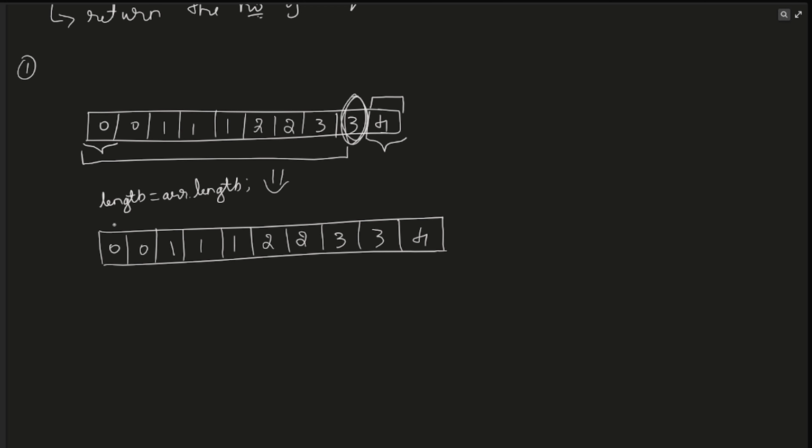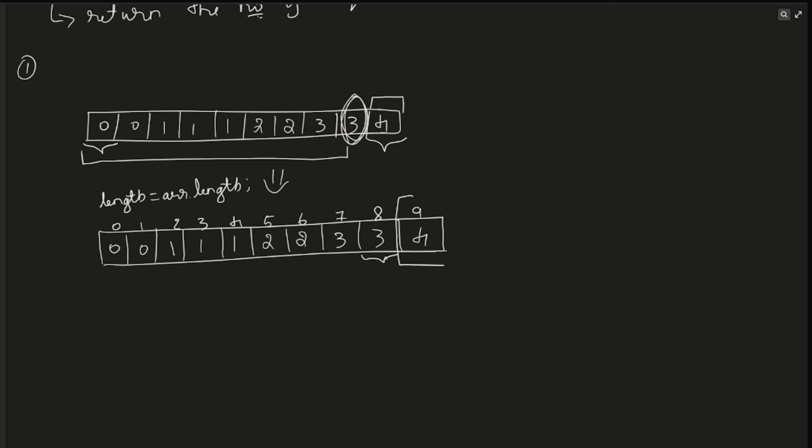I'll just write the indexes as well. As we have discussed, we'll be skipping the last index. As we know, either the first index or the last index will always be unique. So we'll start our loop from this index, meaning the 8th index.